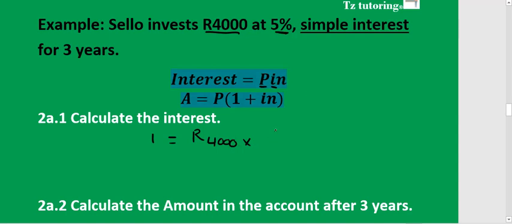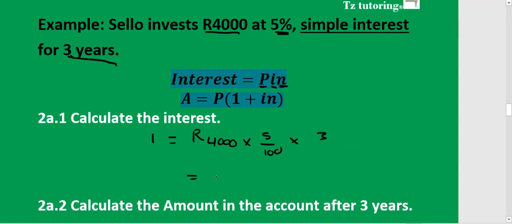And remember from the start of the video, how do you write a percentage as a fraction? You put it over 100. So to write 5% as a fraction, we put it over 100. And the N is for the number of years, and in this case, there are 3 years.